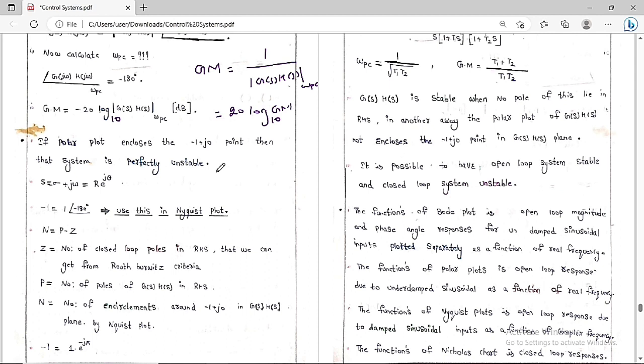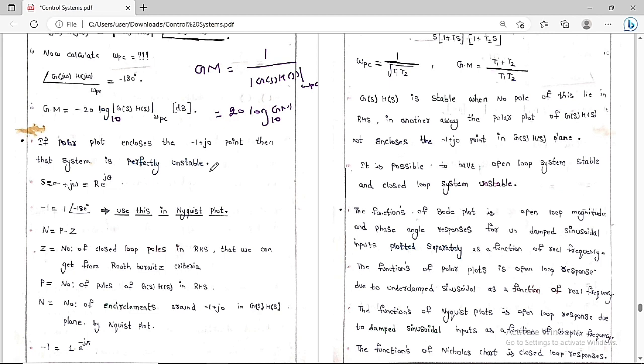Enclosing means encircling minus 1 plus j0, and crossing means passing through it. Remember I already told you, if you are eating something in very high quantity, definitely your health will become unstable. Same thing here, a shortcut to remember. If the polar plot is not going to enclose the minus 1 plus j0, the system is stable.